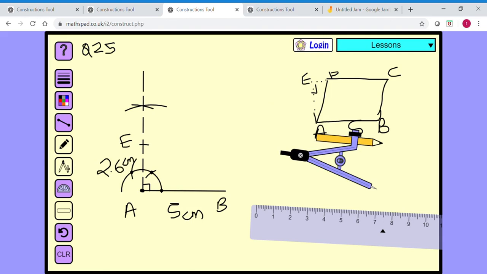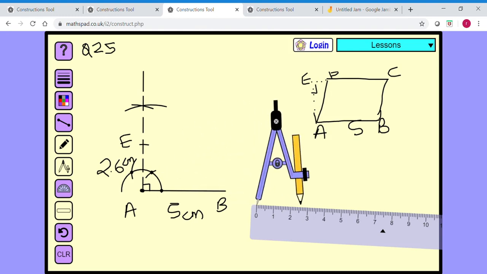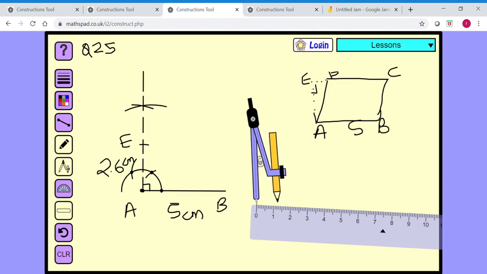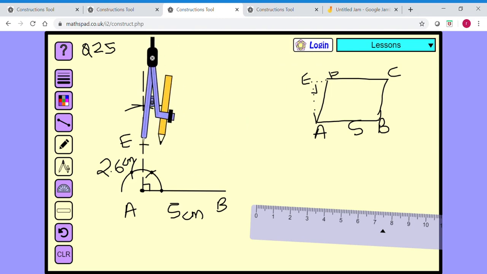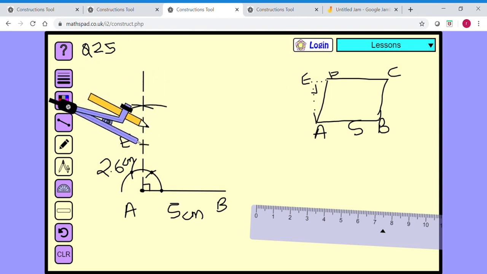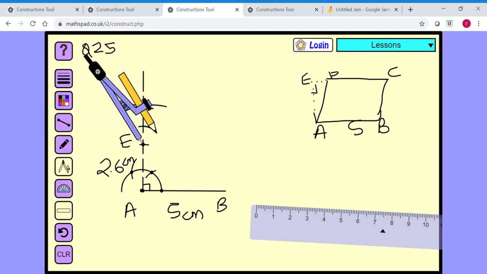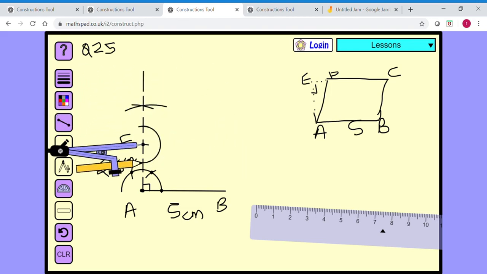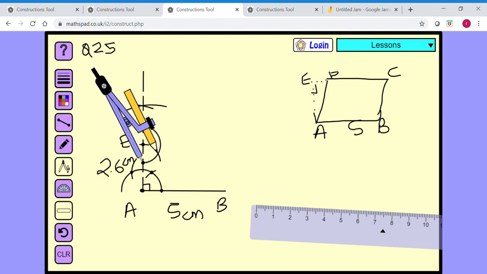Now from E I need a 90-degree angle because I need to draw a parallel line to AB. So I will draw a semicircle. This semicircle will help me draw a 90-degree. Without changing span, I keep it here, which gives me the 60-degree mark.